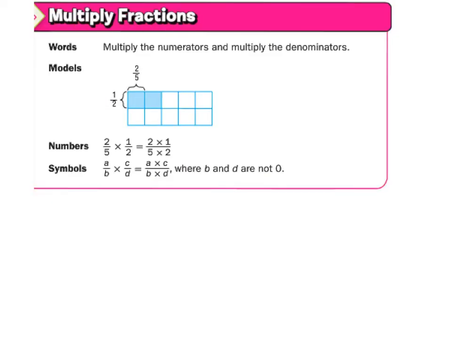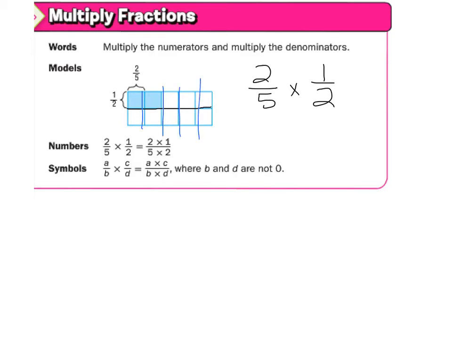To multiply fractions, we simply multiply the numerators and then multiply the denominators. We can use a model, like we did on the previous problem, or we can use numbers, or we can even think of it as symbols. So if we were taking a model and multiplying 2/5 and 1/2, then we would cut the rectangle into half, into 2 rows, and then we would cut each into 5 sections.